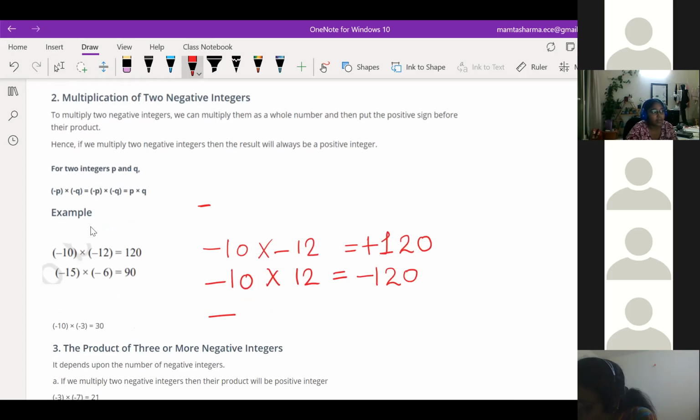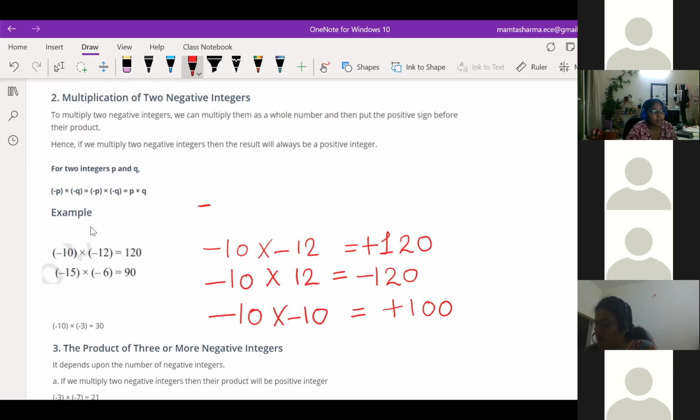If I multiply minus 10 with minus 10, it would be plus 100. For positive we need not mention the sign, but if it is negative, we have to mention the sign. For understanding purpose only I am using the sign.